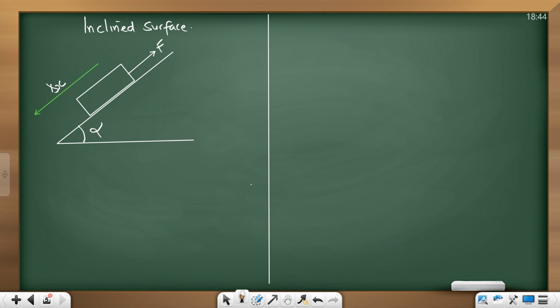Force applied. Rough surface. Can we draw a free body diagram? What forces do I have? Normal force. How is your normal force? Perpendicular. Yes, I know. But which one is correct?